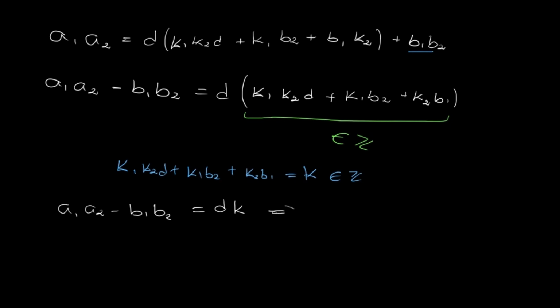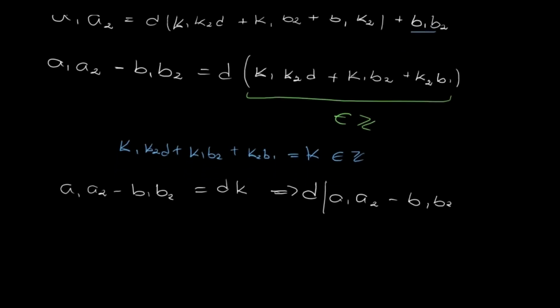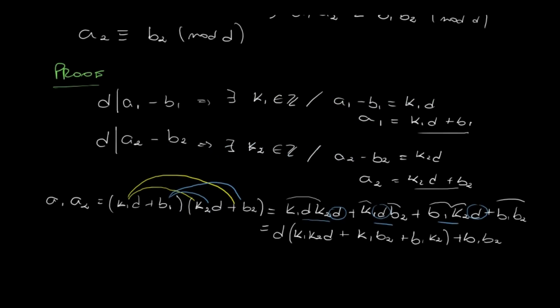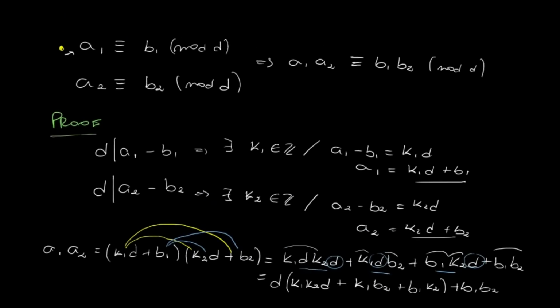But this is using the definition of divisibility. This tells us that D divides A1 A2 minus B1 B2. And then we can use the definition of congruence, which will tell us that A1 A2 is congruent to B1 B2 modulo D, which is exactly what we were trying to prove.